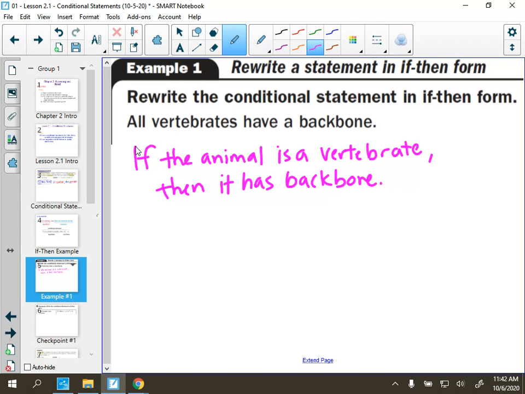All right, just an example. Could we have worded that differently? Sure, we could have. Maybe you saw it as if the animal, or if the creature, has a backbone, then the animal is a vertebrate. So we could have said it in a kind of backwards way there, and that's totally fine. There's some open-endedness as far as how you're going to approach an exercise like this. So don't make it harder than it is.